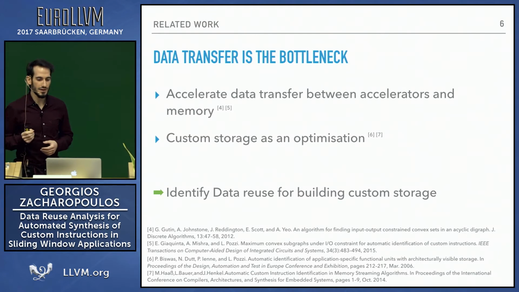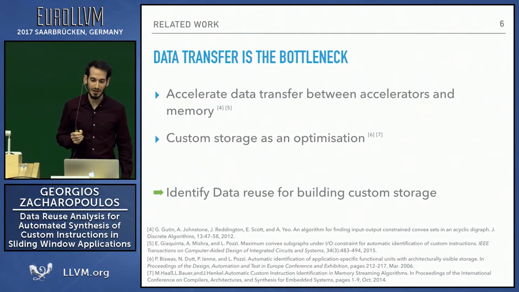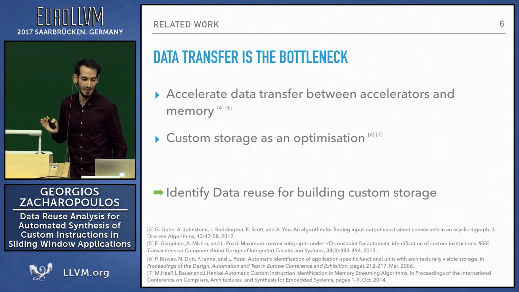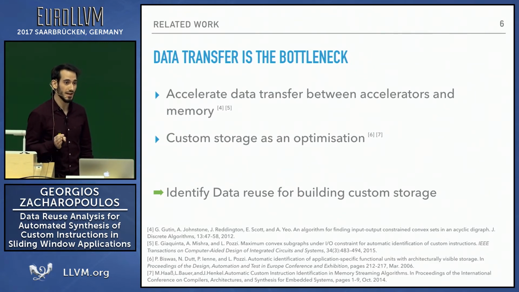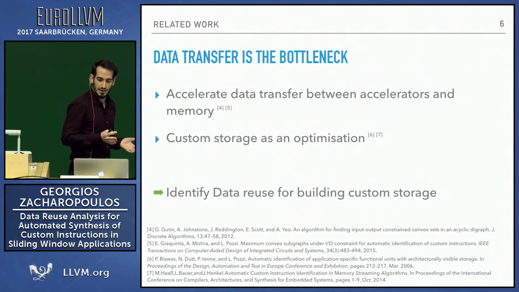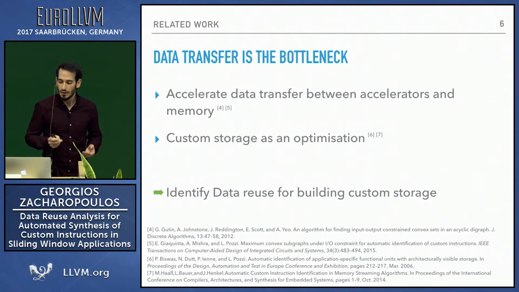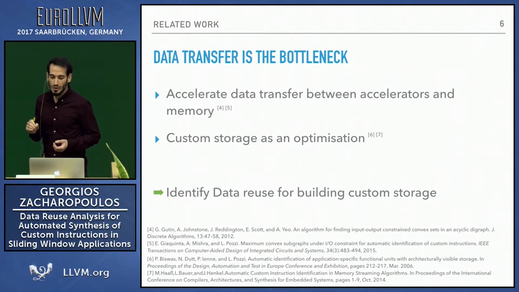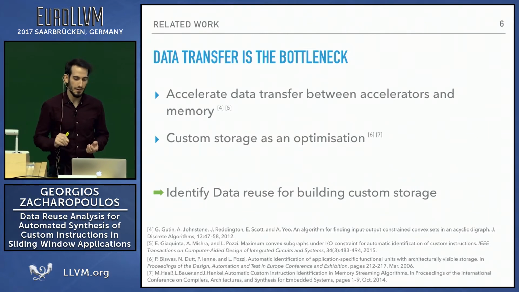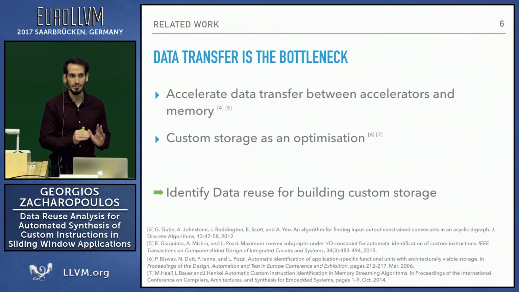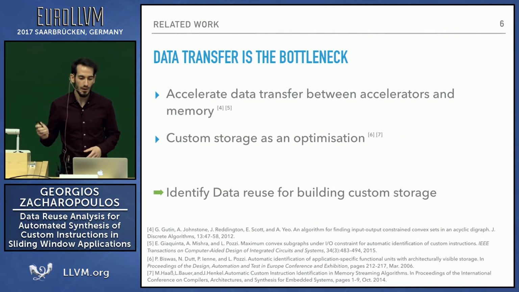That's why many researchers have looked into accelerating data transfer between accelerators and memory. Others investigated having custom storage as an optimization, practically using the same principles as a cache. What we want is to identify data reuse in certain applications and build custom storage for that, but more efficient custom storage.